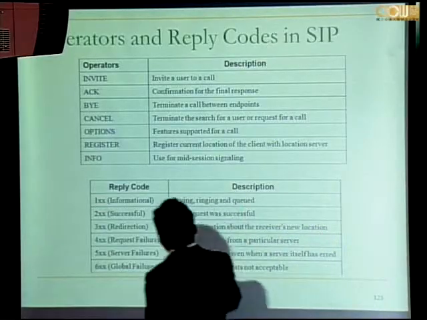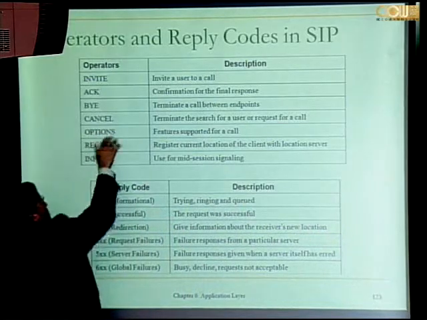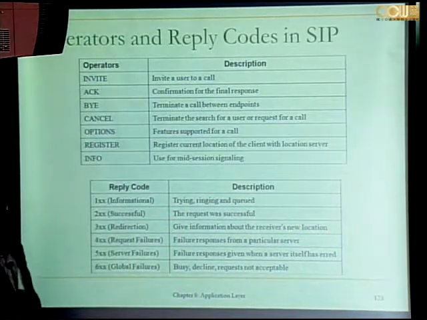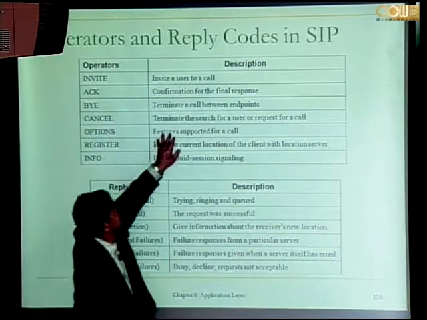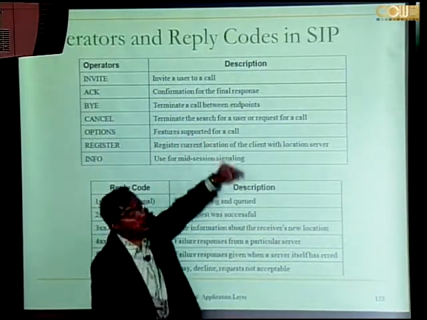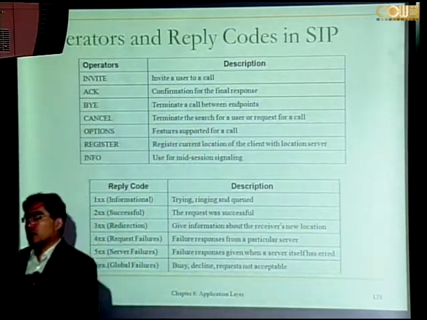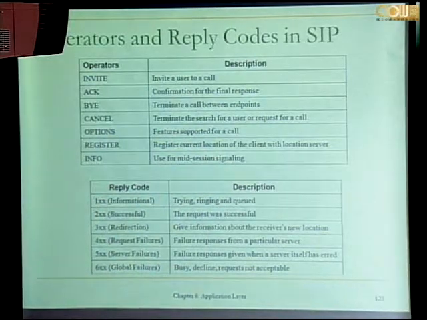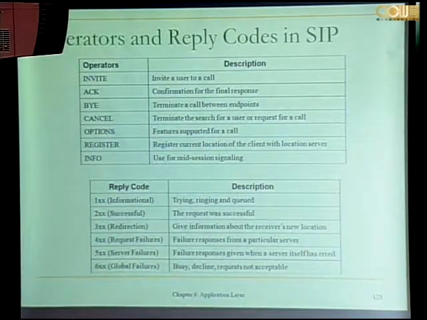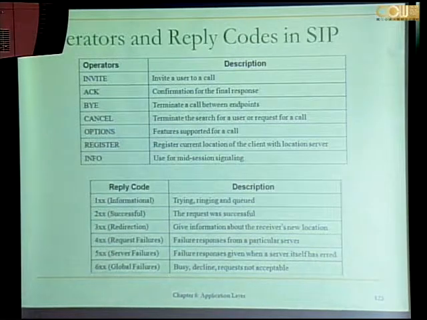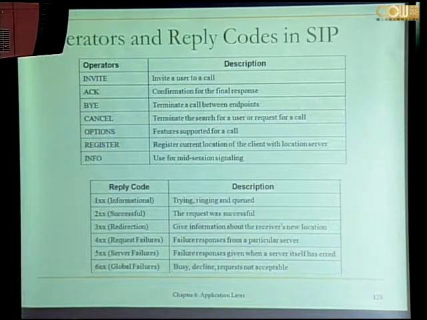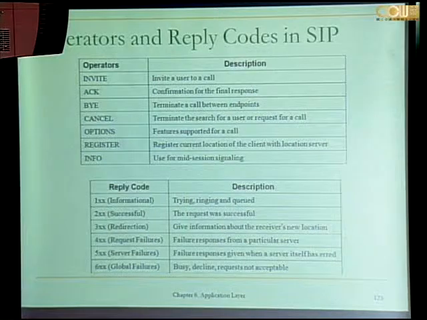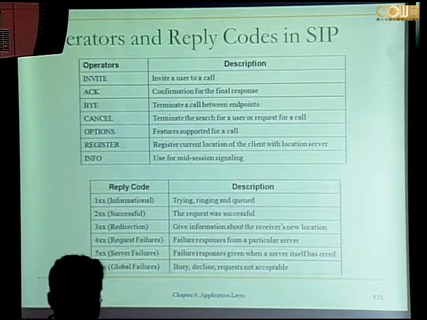So here, SIP has a message called options, and the options here are for features supported for a call. So I put all the complexity add-ons of a call or features of a call into the options. So if I have some feature of the call, for example, this is a three-way call, then I need to use options, and I describe it in the options.